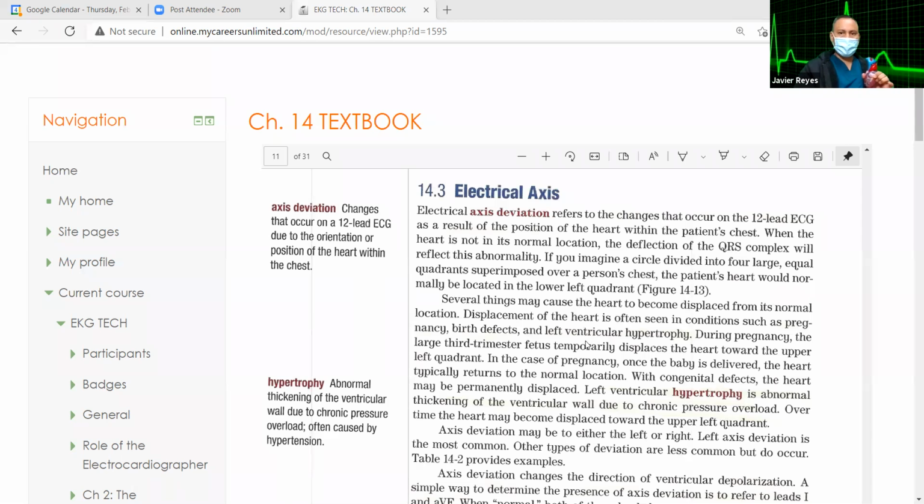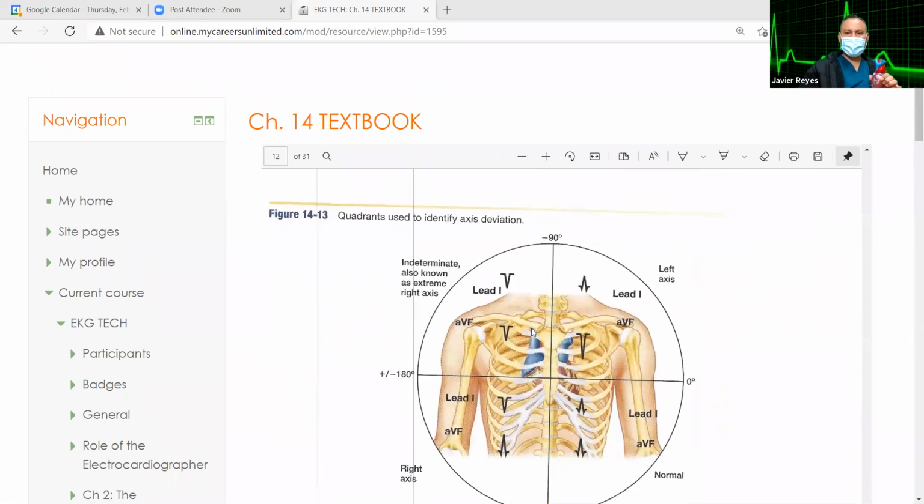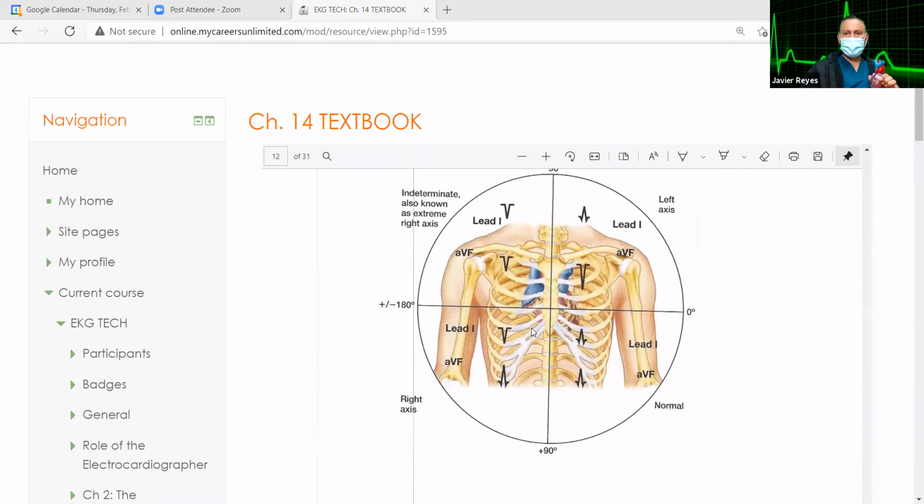If you look at the picture on page 343, you see left axis deviation on that square. The one that says lead one. You're looking at lead one on all of them. Lead one should always have a positive deflection, because you're looking at the heart from the left side.